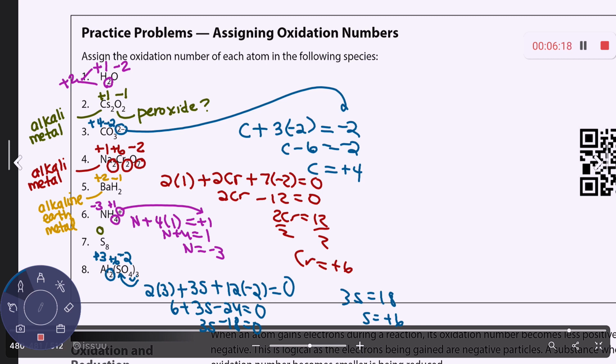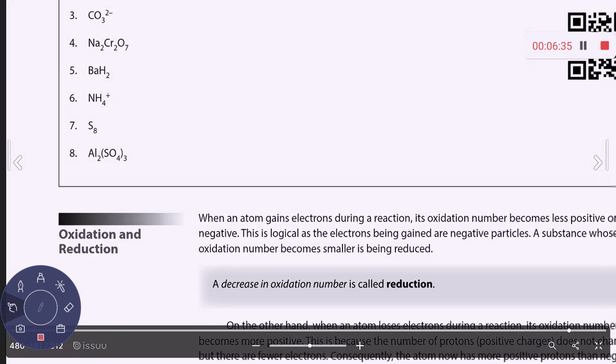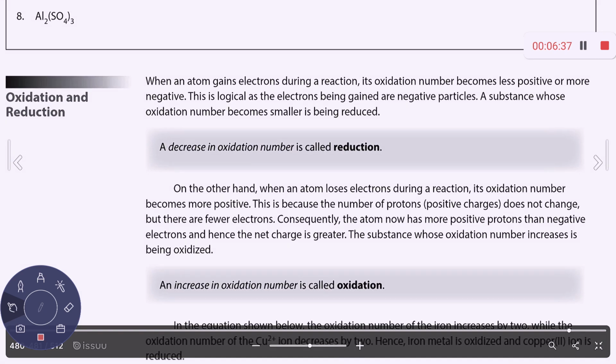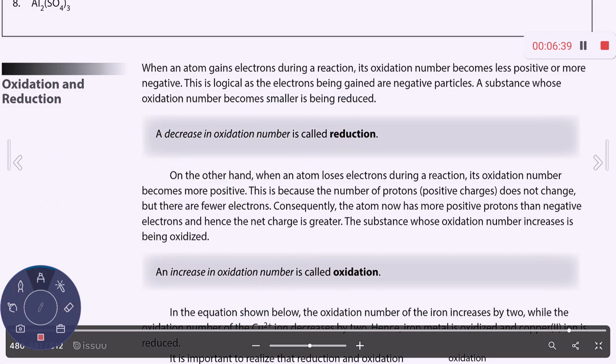Okay, let's go to the definitions for oxidation and reduction underneath here. Oxidation and reduction has to do with gaining or losing electrons and whether your oxidation number is increasing or decreasing. So let's come here. If you have a decrease in oxidation number, that means you have a reduction.